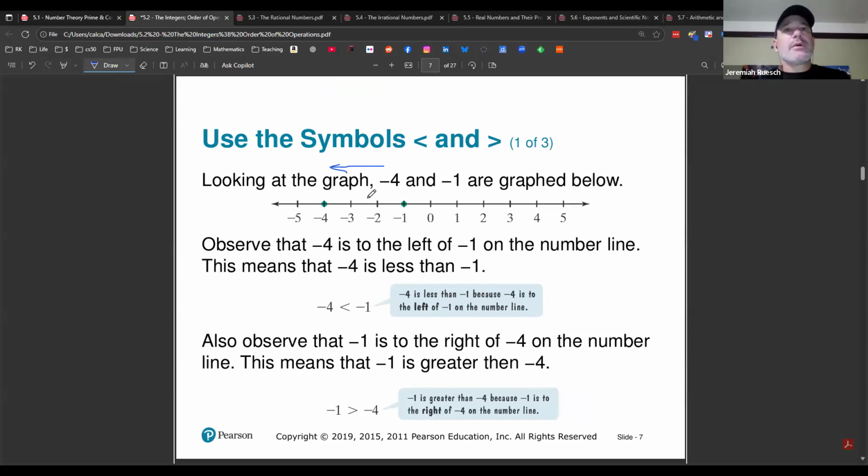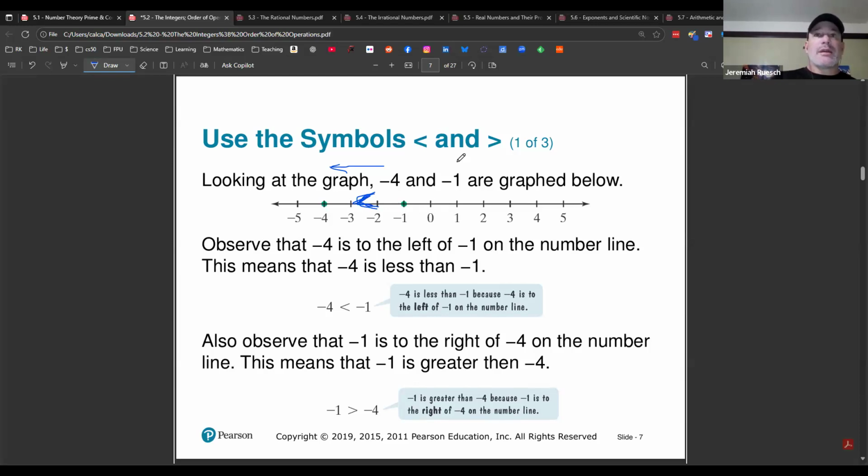So -4 is actually less than, this is the less than symbol, -1. I'm writing it on the actual number line here because it's further to the left. The further to the left the number is, the more negative it is, or the smaller it is. That's one way of discussing that.